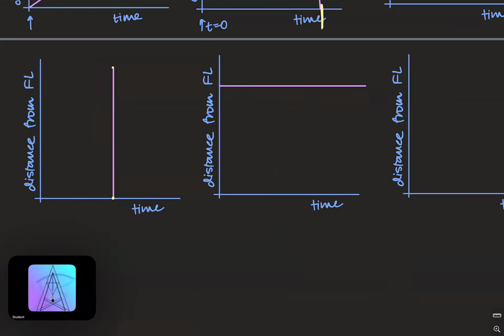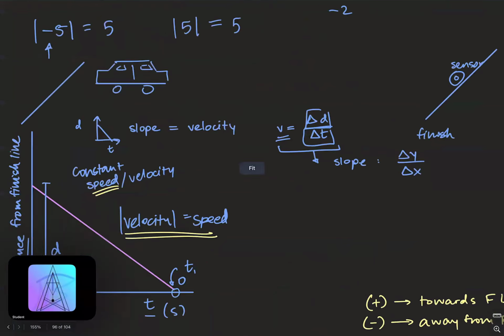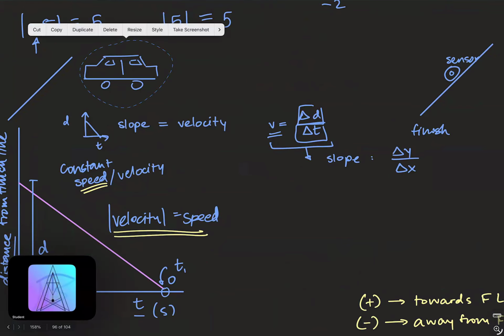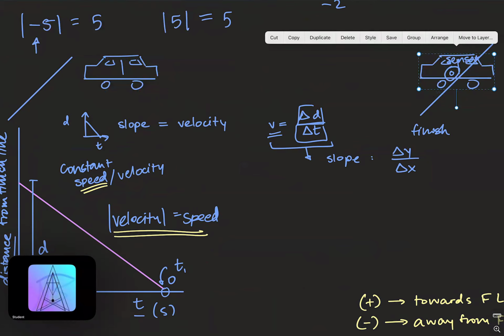Basically, what this car is doing is that at one time, it's right here, and then in no time at all, without time changing, it magically teleports to the finish line. Oh, got it. So it's like this, and then it magically teleports to the finish line.